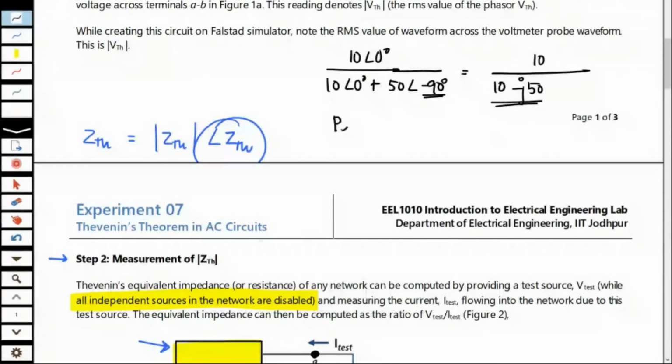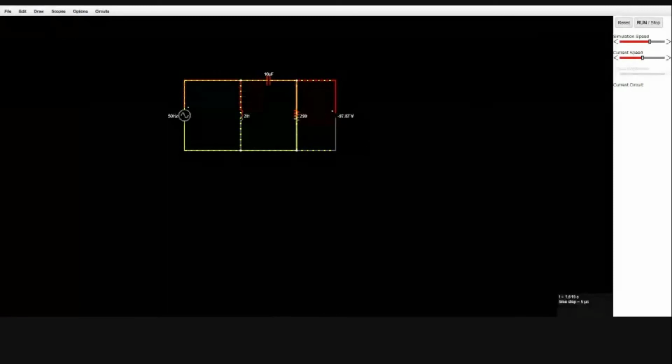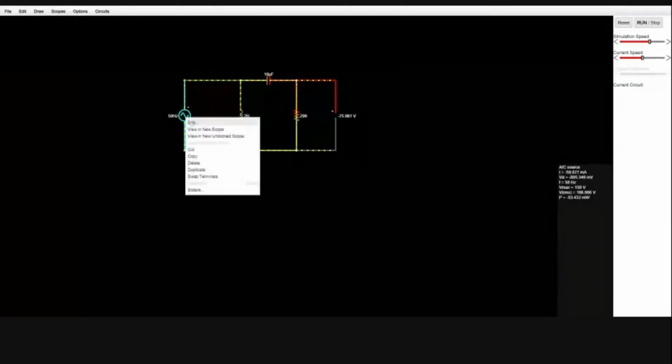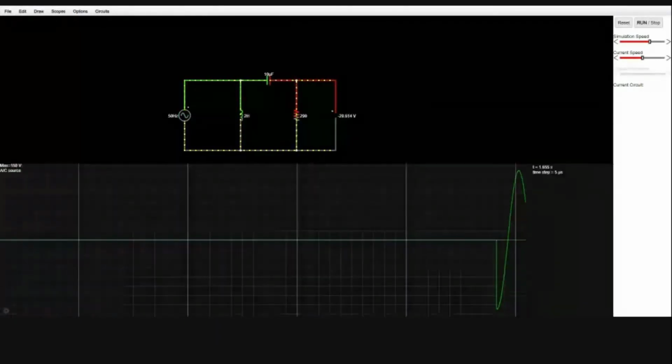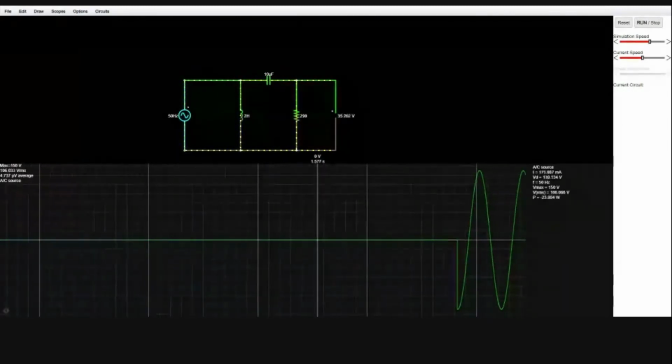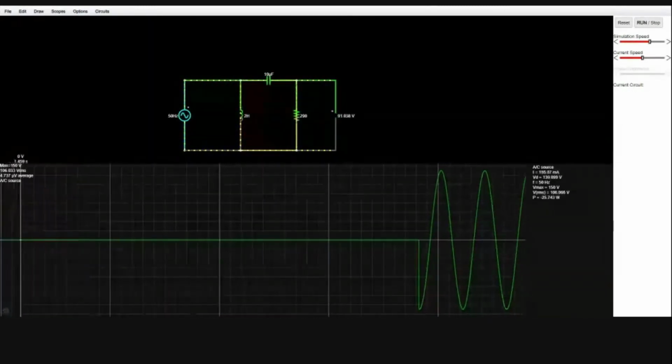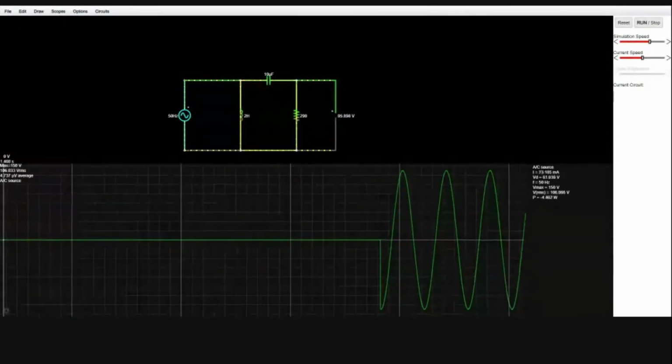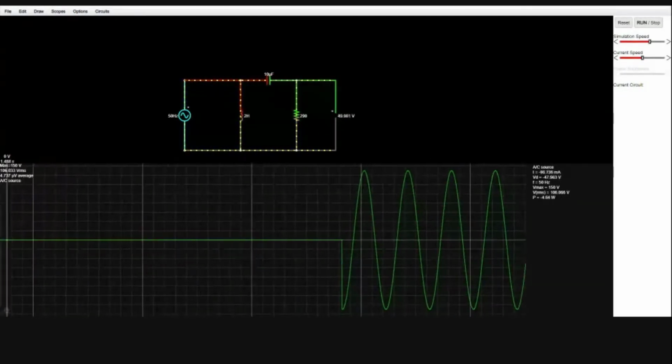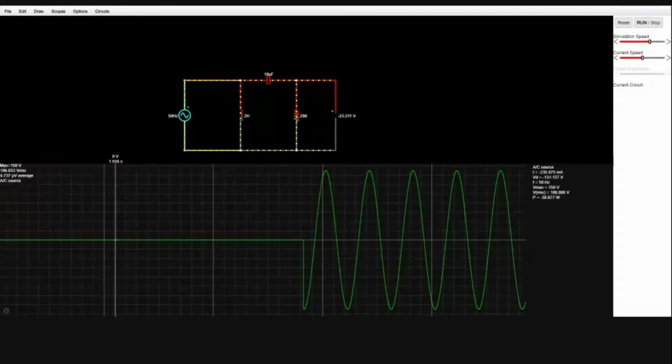You can cross check your work with the phasor calculator online. This is the VTH case, right? So I have taken this as my input waveform, and I can see that its RMS value, V in mod, is 106.033.